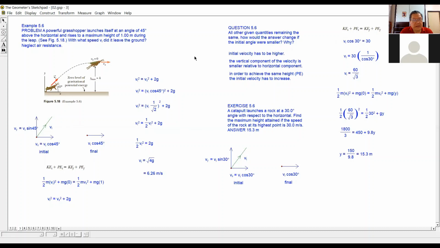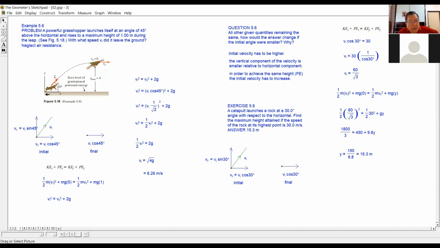So you remember the projectile motion, right? We have to resolve this vi into two components, the vertical component vy and the horizontal component vx. The vertical component is influenced by gravity.